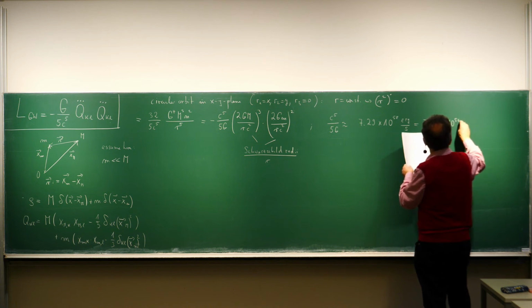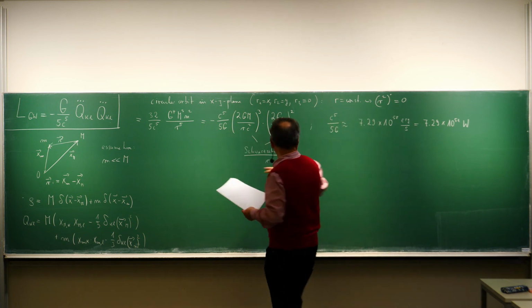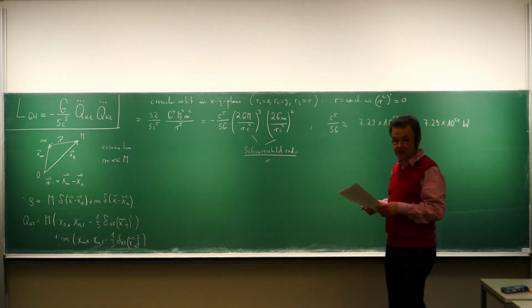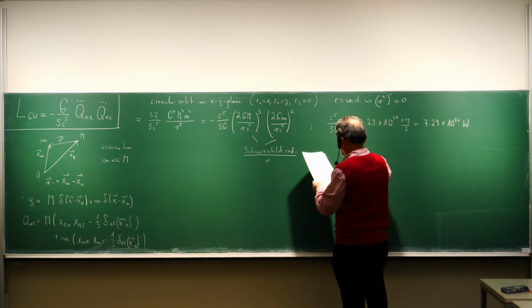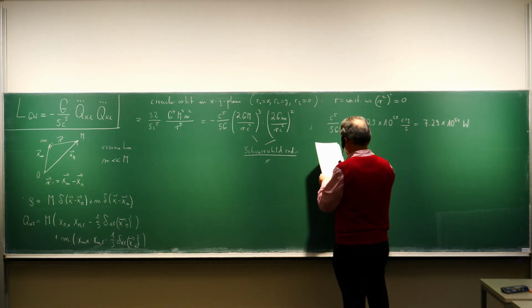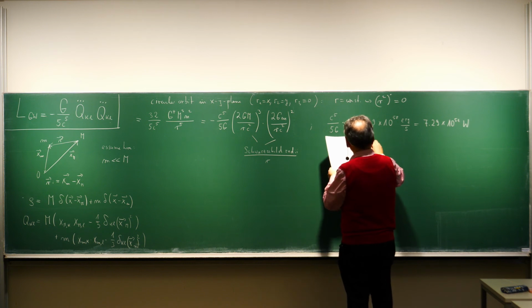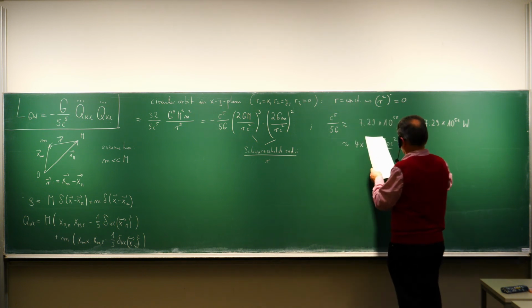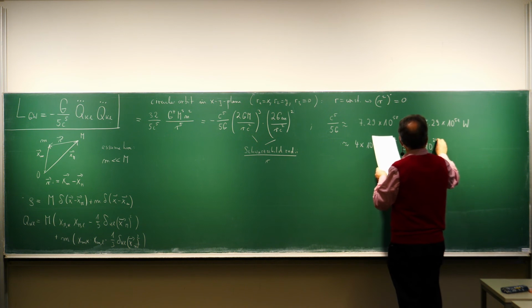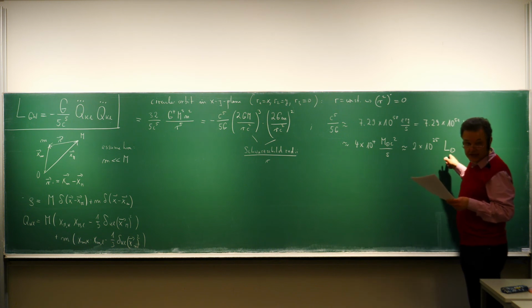So this is 10 to the 51 watt. So this, of course, has the dimension of a power, and it has this value of around 10 to the 51 watt. You can also write this in terms of solar masses or solar energies per second. So this is around 5 times 10 to the 4 M_sun c squared per second, which is around 2 times 10 to the 25 solar luminosities in electromagnetic radiation.